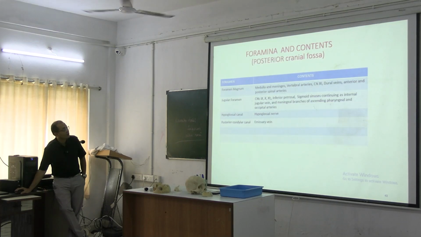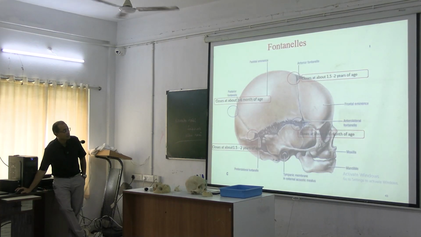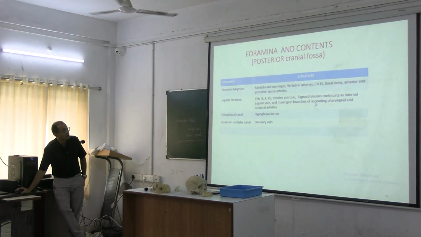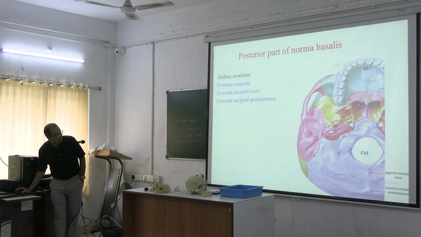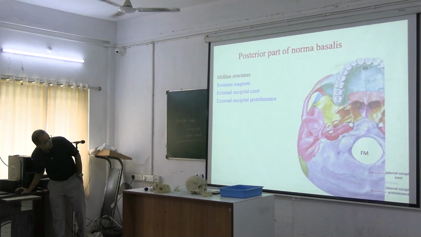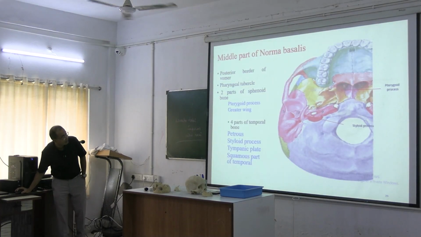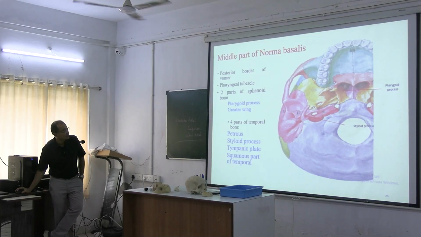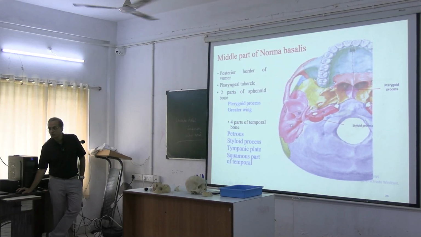Now, out of that, this is what we are talking about. This point we call Pterion, and in that area we have a foramen present. We call it the stylomastoid foramen. You see that this is the styloid process and this is the mastoid, right?